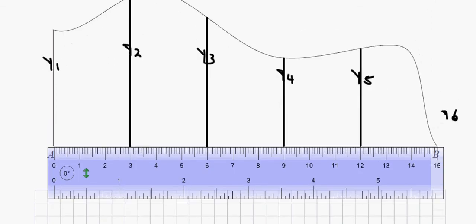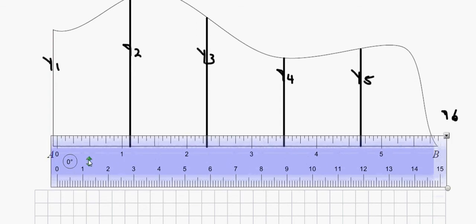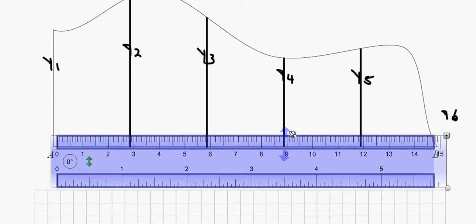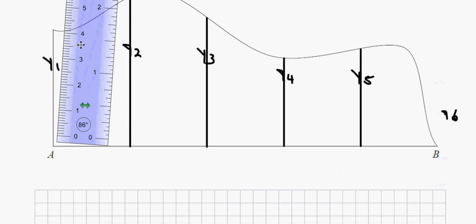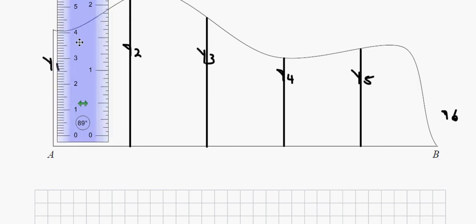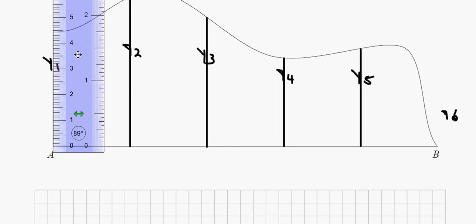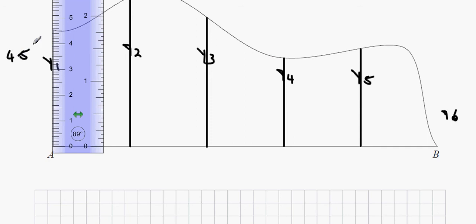Now, what you need to do is get the heights of each one. So we're just going to measure the heights of each one and see what we get here. The first one is roughly 4.5 tall, so Y1 is 4.5.